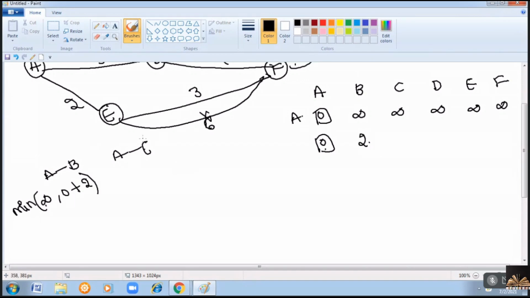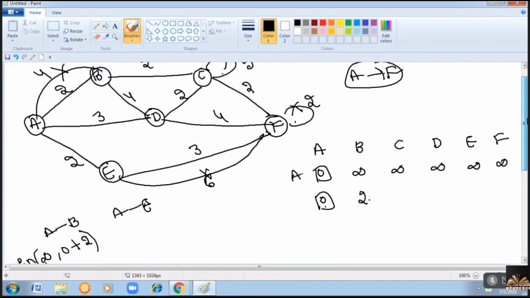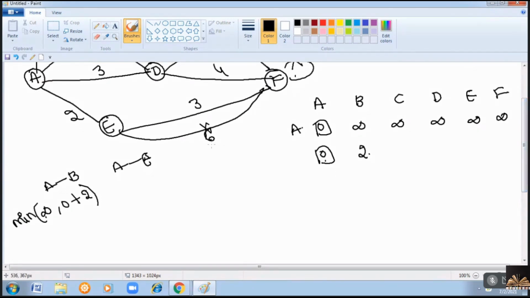Now A to C and D. E is connected, B is connected, D is also connected directly from A. So for A to E, the minimum of E is infinity, marked value is 0, AE cost is 2, so it is 2 again.